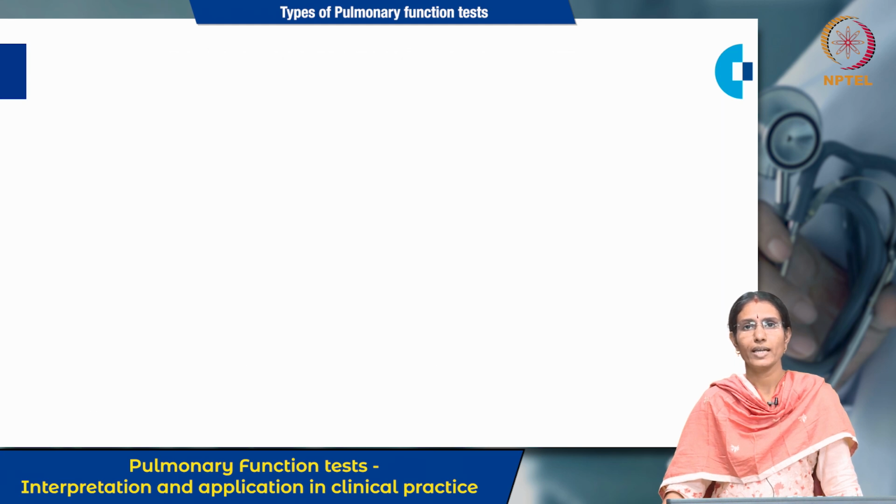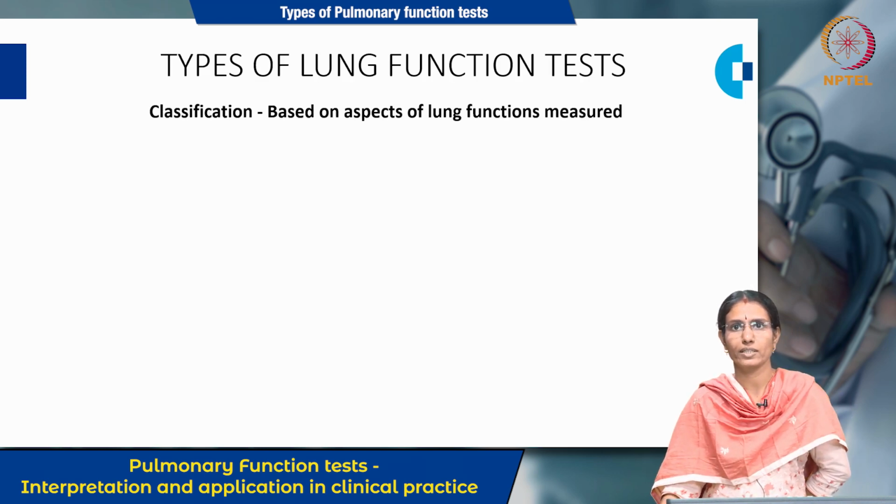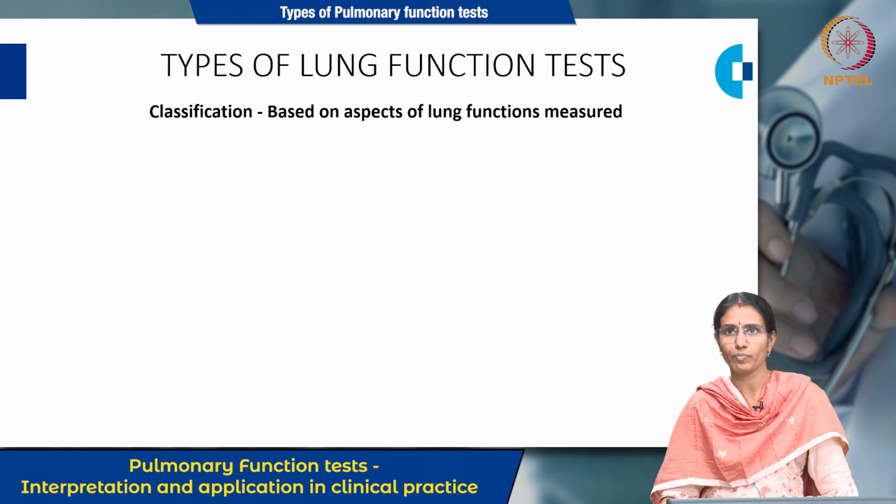Now, let us see about the different types of pulmonary function tests, or the classification of pulmonary function tests. The classification is based on the aspects of lung functions measured.